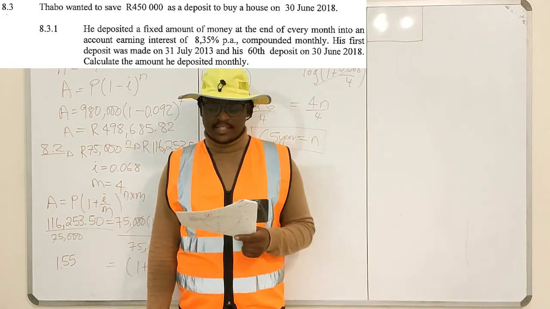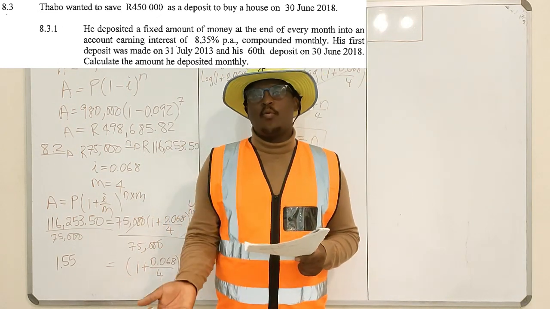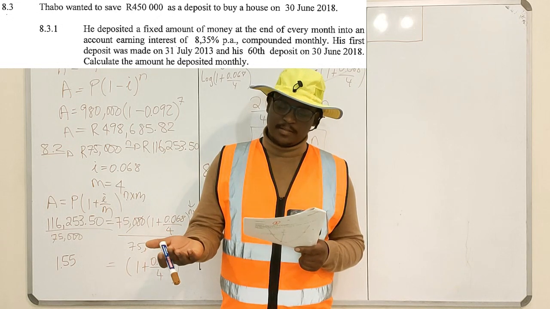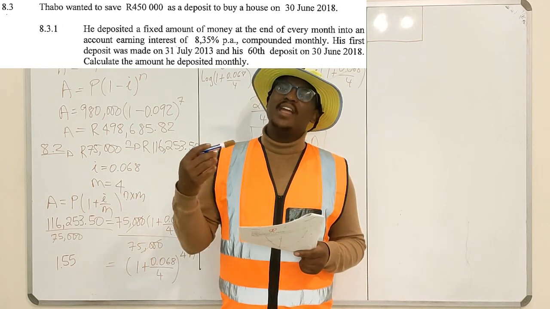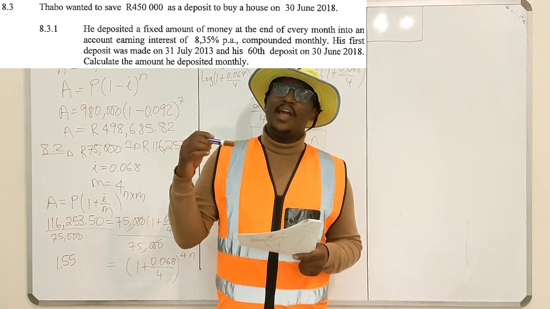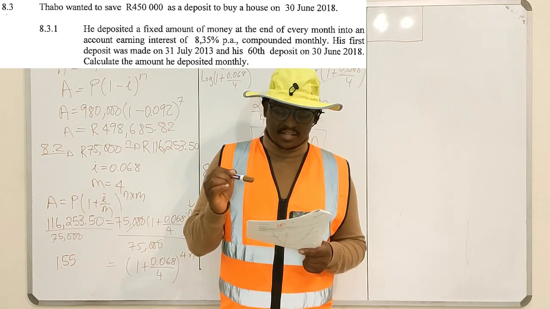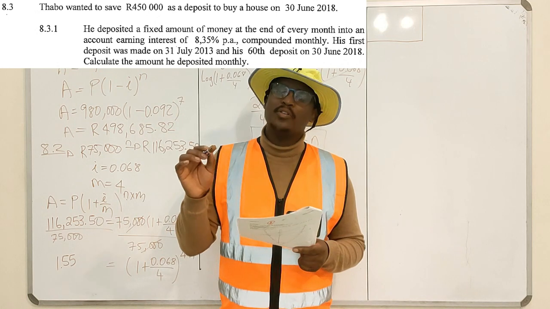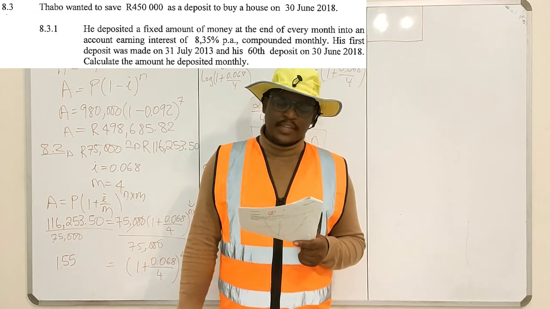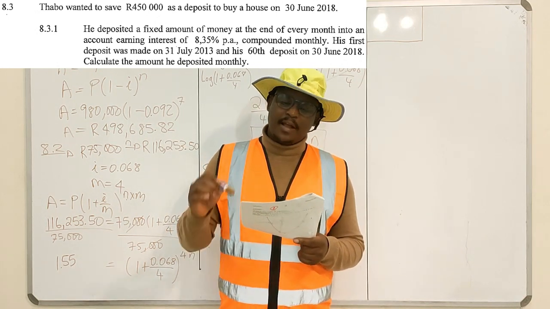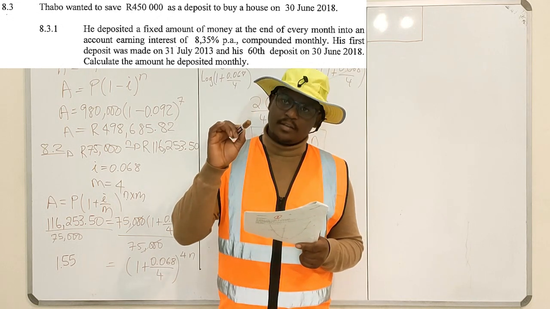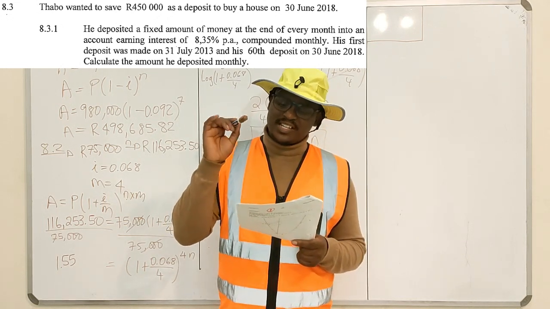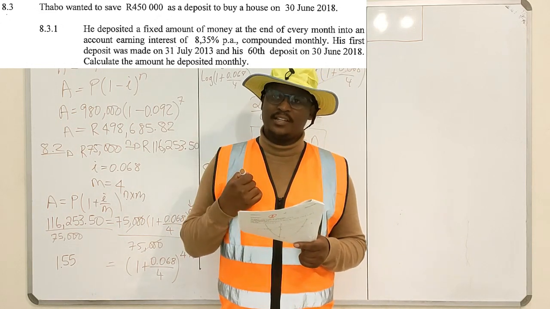So what they're telling us is that since Thabo wants to save this 450,000, he started making equal deposits into an account that earns an interest of 8.35% per annum compounded monthly. His first deposit was made on 31 July 2013, and his last one, which was the 60th one, was made on 30 June 2018.